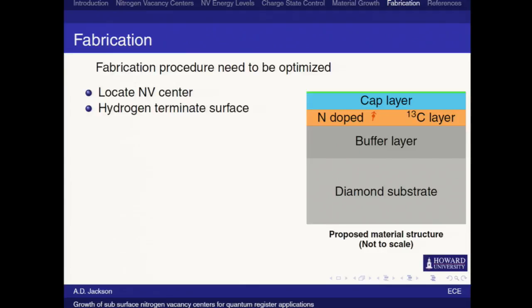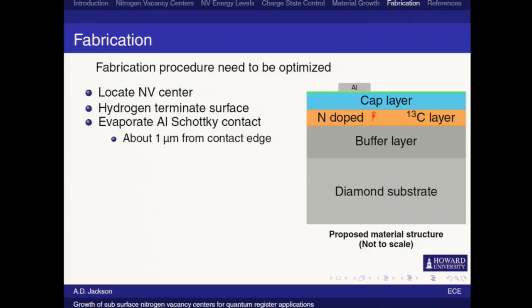Now we have to locate the NV center before we do the hydrogen termination, because the hydrogen termination will put the NV center into the positive charge state, which has no fluorescence, so we wouldn't be able to see it otherwise. And then evaporated aluminum contact, and we have to make sure that the vacancy center is within a micron of the contact edge. Otherwise, it won't be in the depletion region of the contact, and we won't be able to control the charge state.